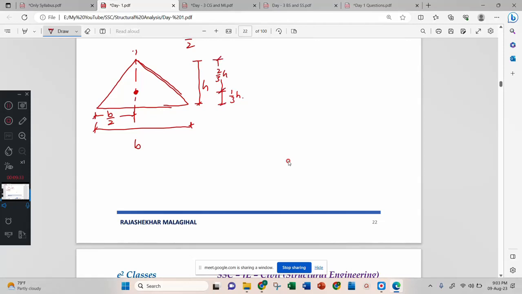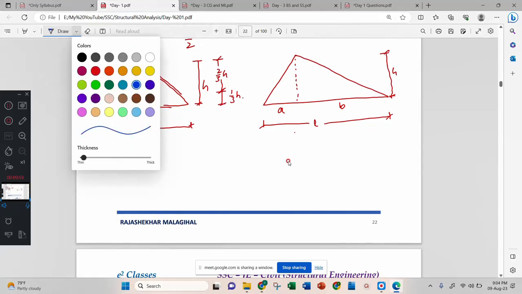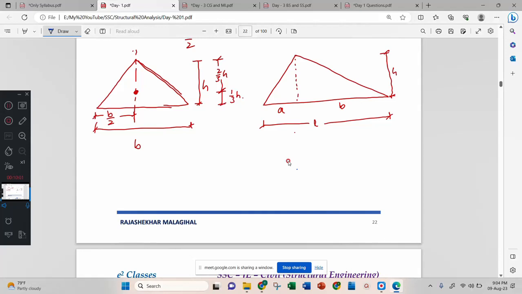Okay, now we have another type of triangle, that is the unsymmetric triangle. Very interesting. This is A distance and this is B distance. Let us consider the total distance is L, and the height is H. Remember, CG will not be on this axis, it will be somewhere here.